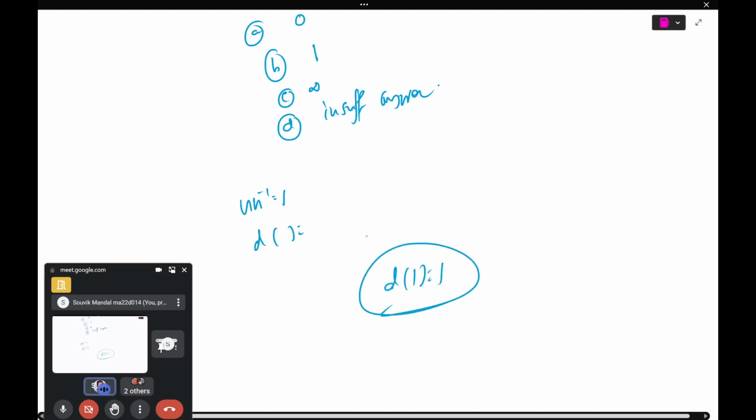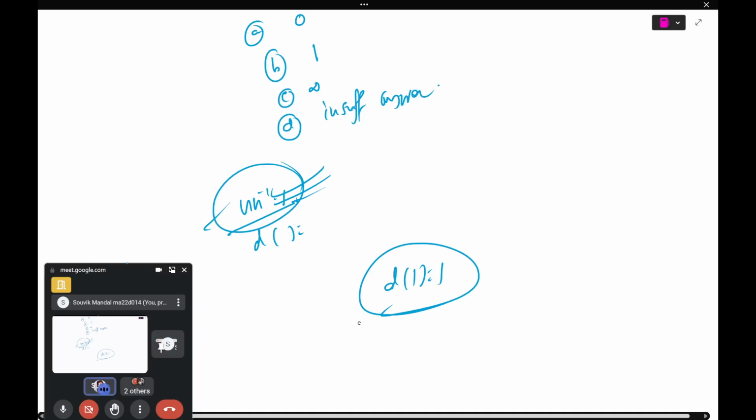Now use the properties from the Euclidean domain definition in order to get the value of D of u. Use these things and the properties of the Euclidean domain from the definition.